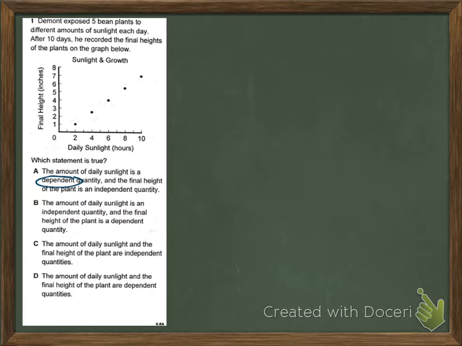Okay, so first off, when we have a graph, this is your x-axis. This is your x-axis, and this is your y-axis, okay? Your x can stand alone, so if we removed this line right here, your x can stand alone, tall and strong, right?